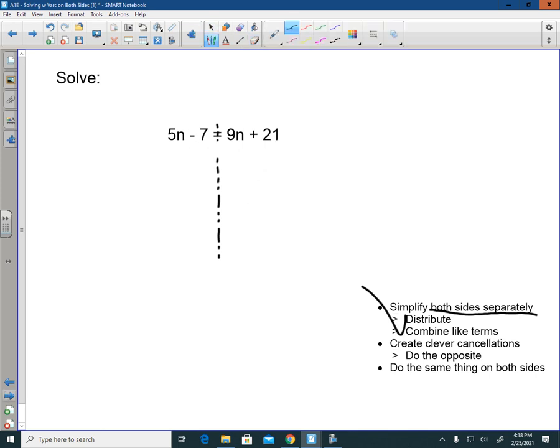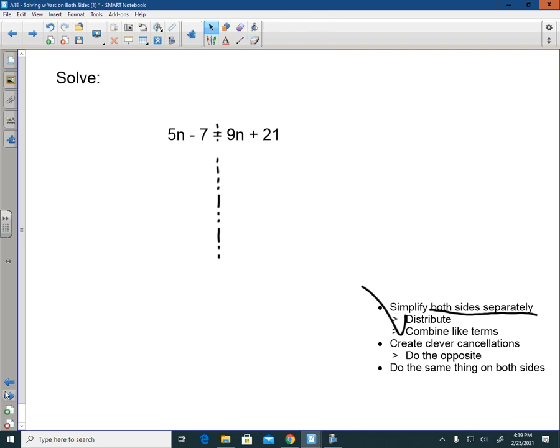You could subtract 9n because then 9n would cancel. Make sure you subtract 9n in the correct place on the other side as well. And the last possible first step is to subtract 21. Because as long as you're creating a clever cancellation and doing the same thing to both sides, you can start pretty much anywhere with this type of problem once the simplification is done.